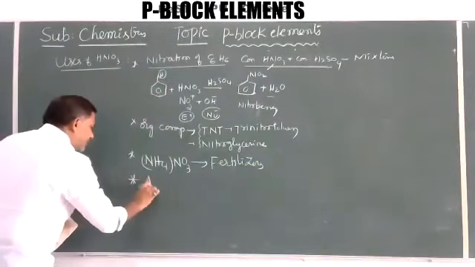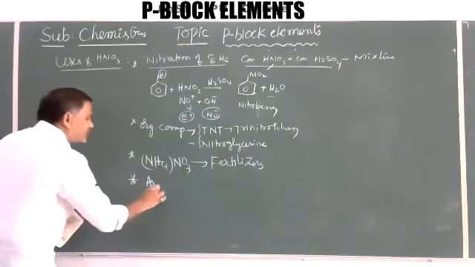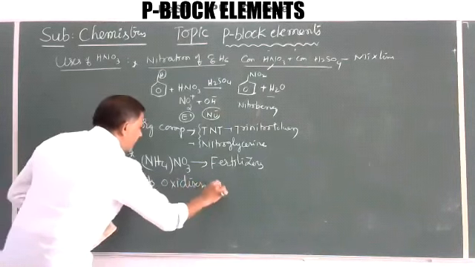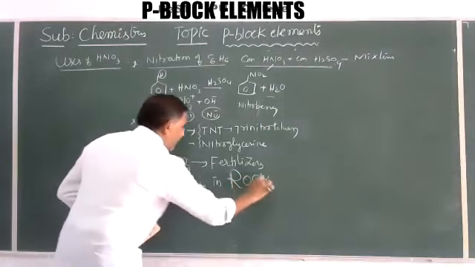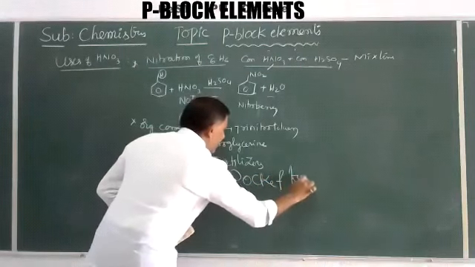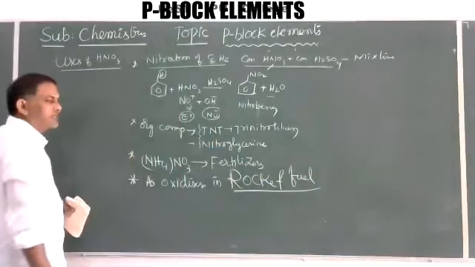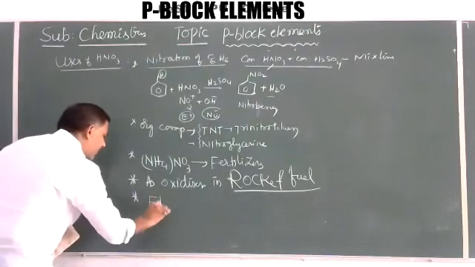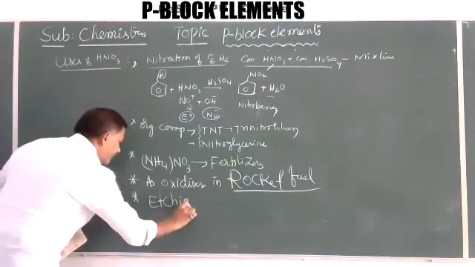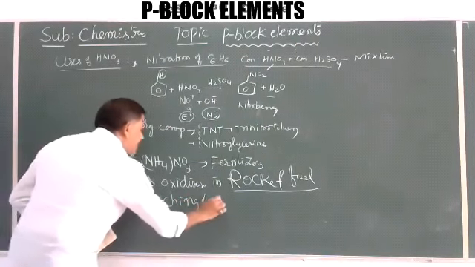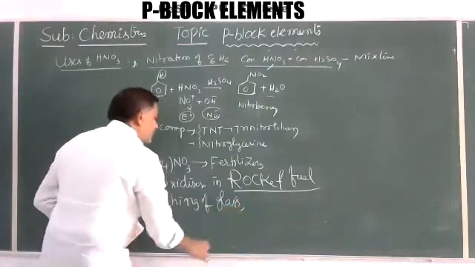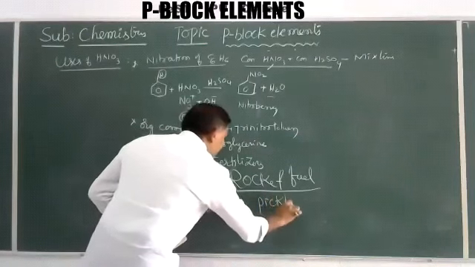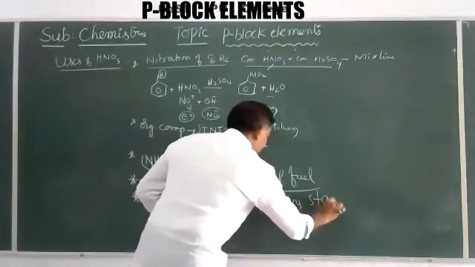Concentrated HNO3 is used as an oxidizer in rocket fuel, very, very important. In rocket fuel, it is used as an oxidizing agent. And finally, it is used in etching of glass, and also in pickling of stainless steel.